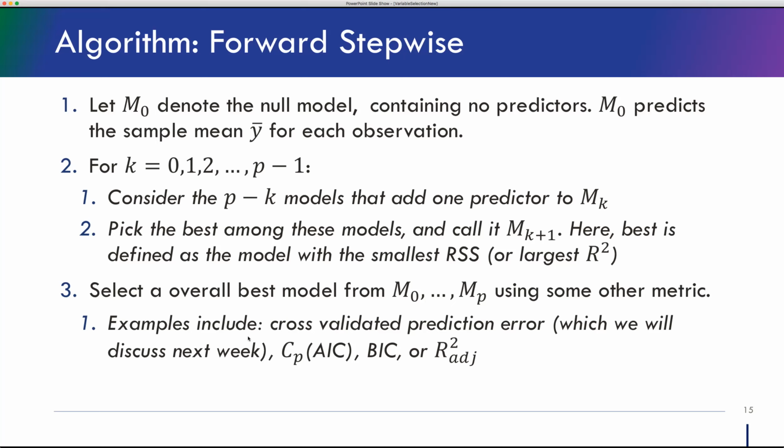I think I made this wrong. The cross-validation prediction error, we have already talked about in a previous week. I thought I modified this slide, but it turns out I didn't.